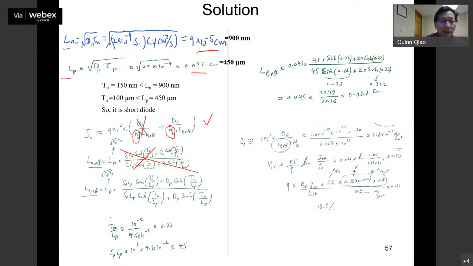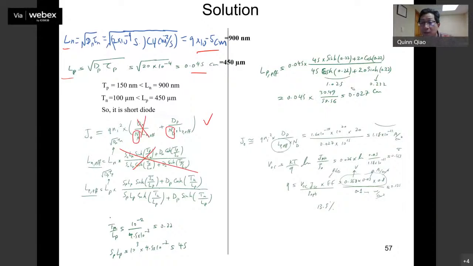Since I ignore these terms, I don't care about Rn,eff, the effective electron diffusion length on the P side, so I can get rid of this. Anything that stays here is q ni squared multiplied by Dp over Nd Rp,eff. Now you find Rp,eff, since you know Tn and Rp, you plug in here.